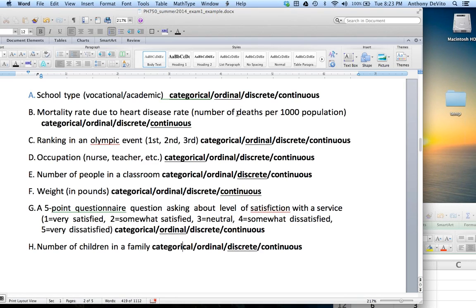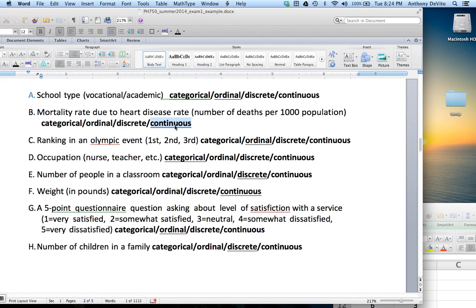Now you see what happened here. Number of deaths per thousand population. That could be a number like 3.7 per thousand, right? I would call that continuous. You were assuming that it was going to be a whole number, right? I got a whole bunch of answers there.